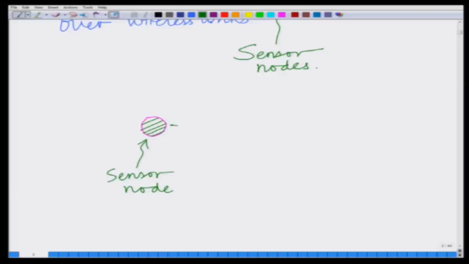Each sensor node is sensing a phenomenon by making appropriate measurements. So, this sensor node is sensing the phenomenon by making a measurement of a parameter which we are going to denote by h.